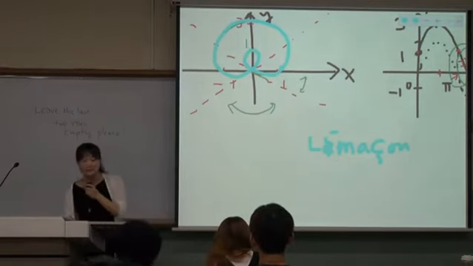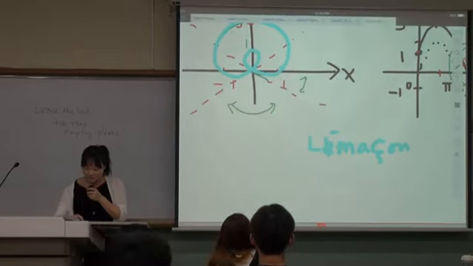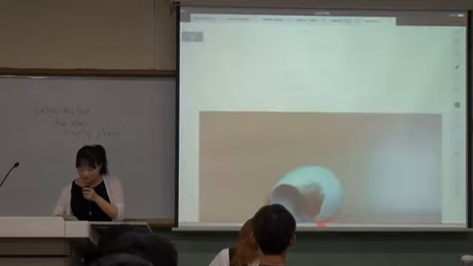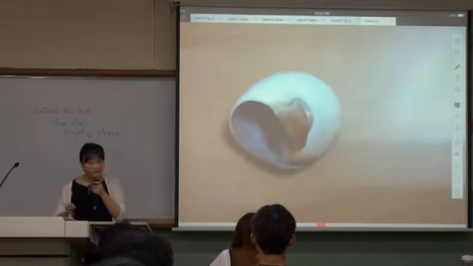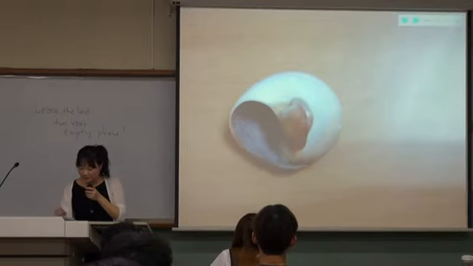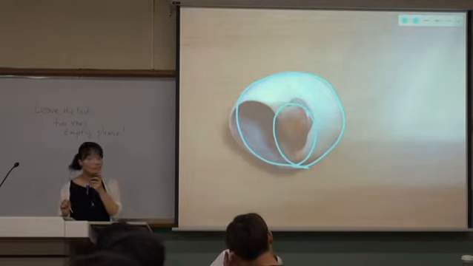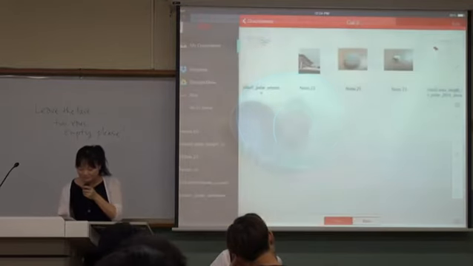And what does it mean? Snail. Yeah, it means snail. What's a snail? This is a snail. Does this look like this? Right? So it is called a snail. Limaçon.